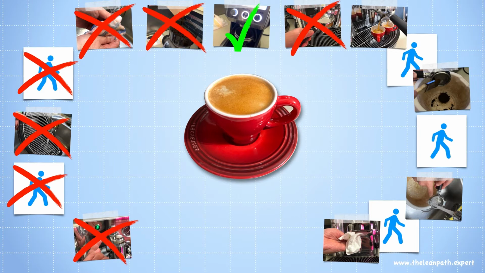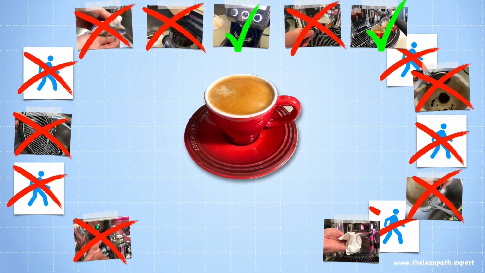Then moving the portafilter? Definitely not. Pouring the water through the coffee? Yes, that's the second value added action. Definitely not walking, not cleaning, not walking, not washing, not walking, and not cleaning.